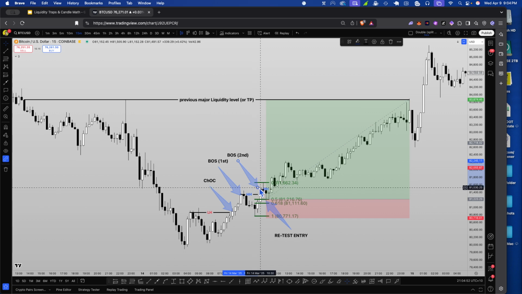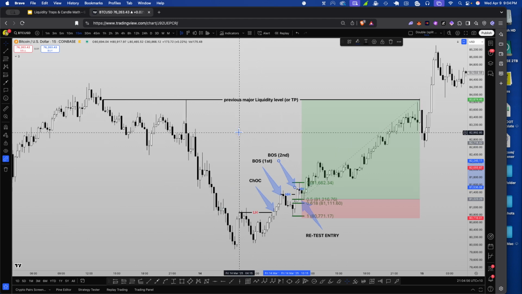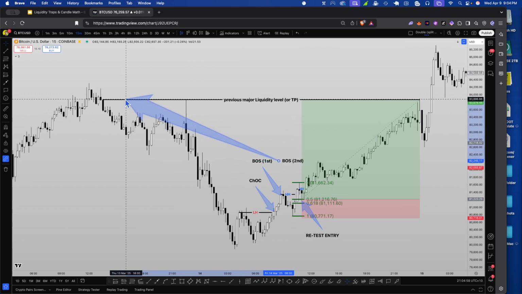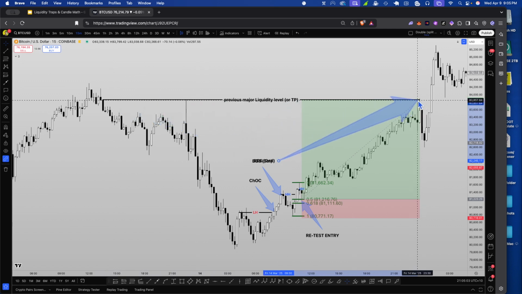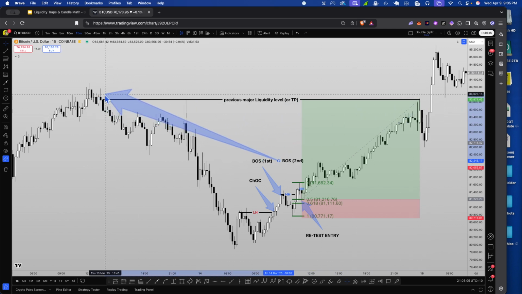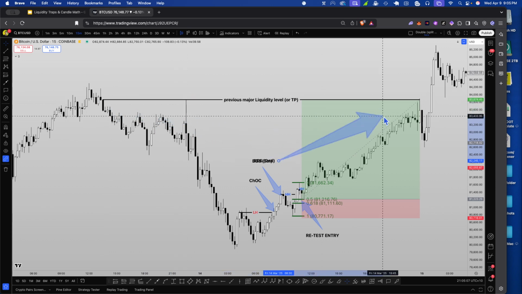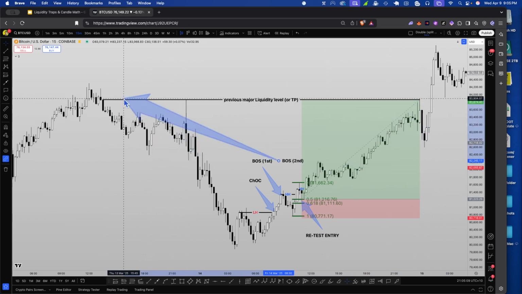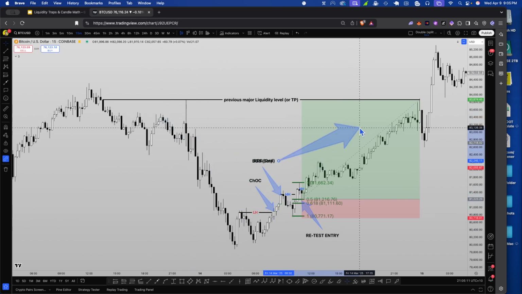And yeah, Max has just put something in the chat. It might be worth explaining what I mean by liquidity. So liquidity is what we just talked about. When the market makes equal highs or equal lows, we are building liquidity, meaning that there are obviously stop losses above, in this case, because the market is trading below this level.